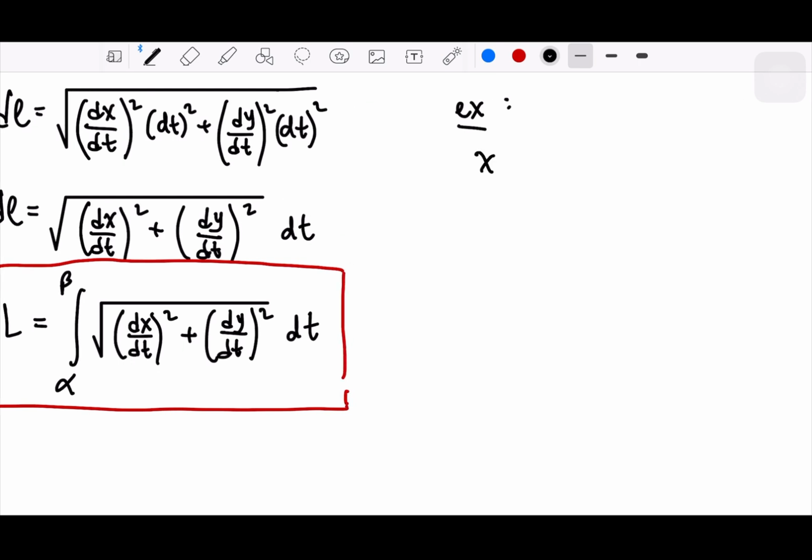The first one is you have x is cos t and y is sine t. I think it's the same example as last Monday. I gave you that if we have this, then this will be a perfect circle, right?